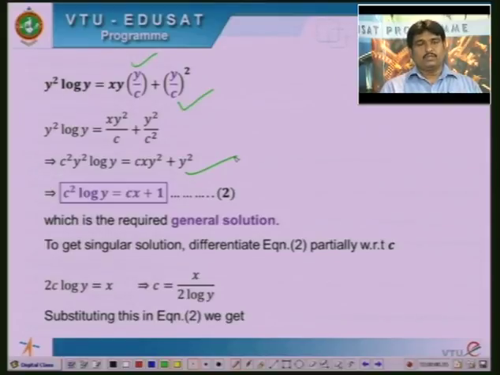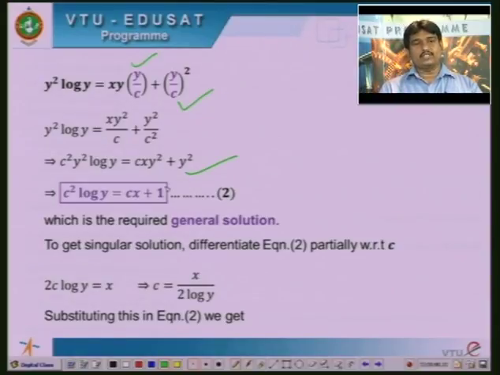Now, as the singular solution is required, there are two techniques to find the singular solution of the differential equation. One, we can start with the general solution, or else we can take the other factor free from the derivative term. Suppose we take the general solution, c square into log y equals cx plus 1.